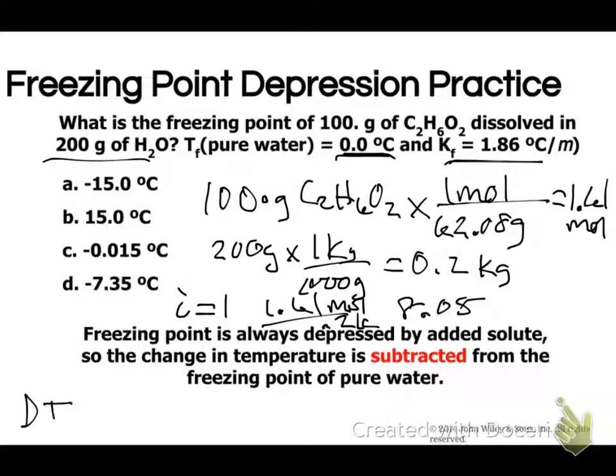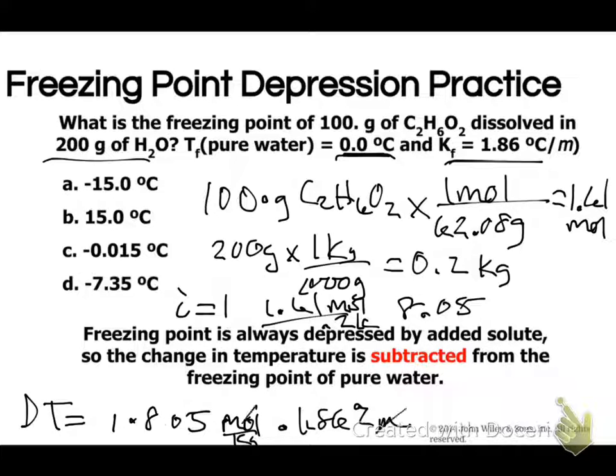So the delta T is going to be 1 times 8.05 times, that's degrees C. Nope, sorry, that's moles per kilogram. Times 1.86.